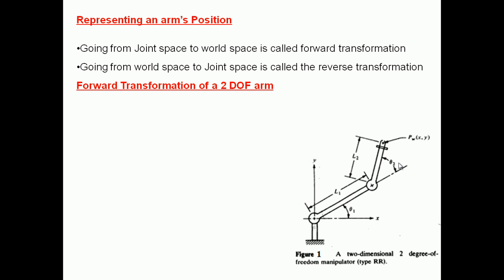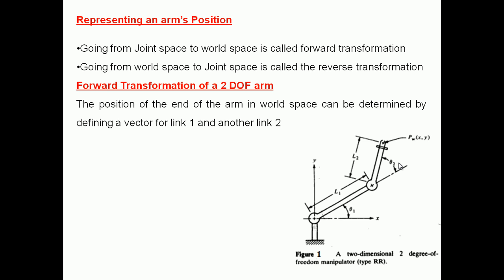Consider the figure, a two-dimensional, 2 degree of freedom manipulator of R type. Already I have explained L1, L2, θ1 and θ2. The position of the end of the arm in world space can be determined by defining a vector for link 1 and another for link 2.